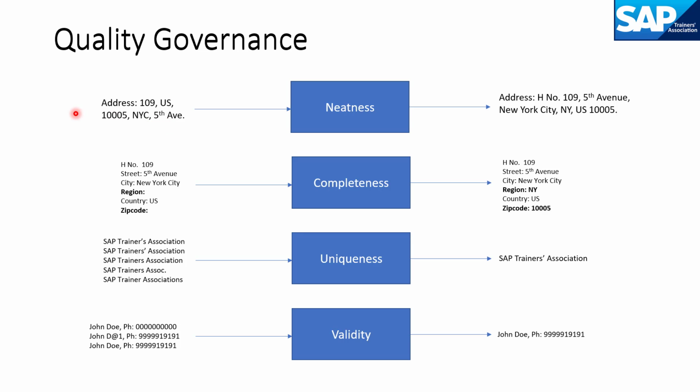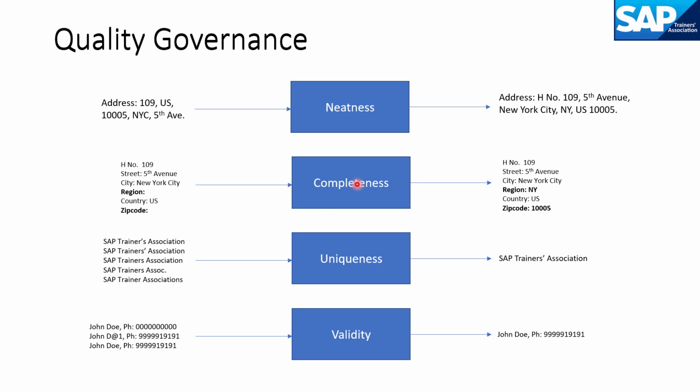So what MDG can do is you pass this address to MDG, and it will convert it into a neat format, like house number 109 5th Avenue, New York City, New York, US 10005. This is called neatness. This is one of the purposes of maintaining quality governance. Completeness: let's say you enter your address in different fields, but you miss out region and zip code.